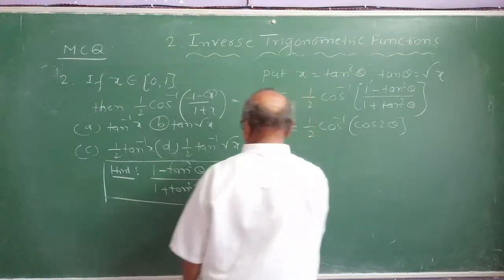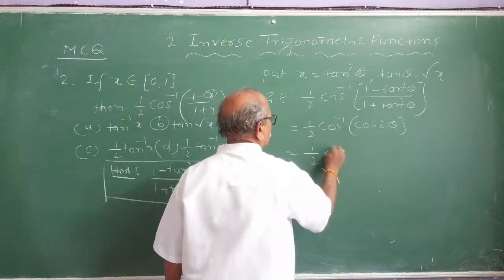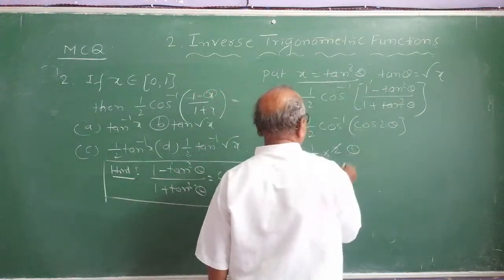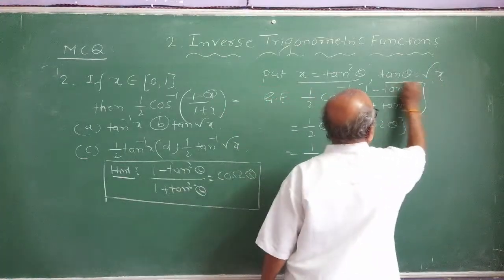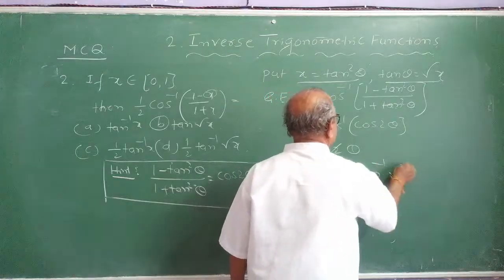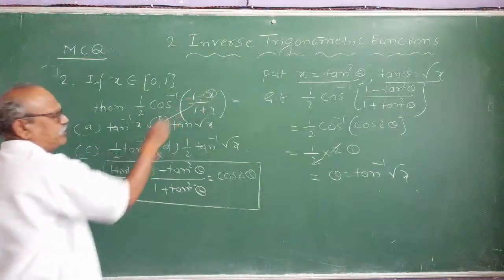Just now we used this identity, it is going to solve your problem. 1 by 2 cos inverse of cos 2 theta is theta, the 2s cancel. When tan theta is equal to root x, theta becomes equal to tan inverse root x. The correct option would be tan inverse root x, which is B.